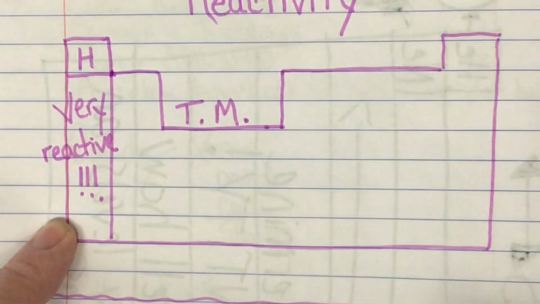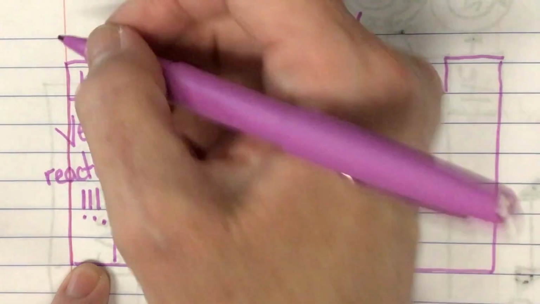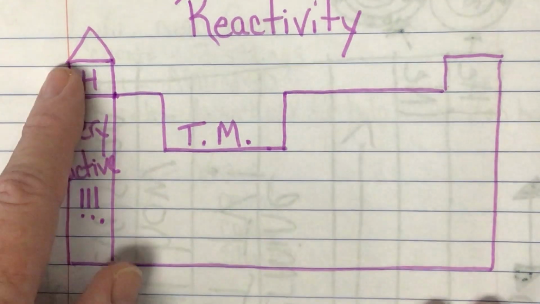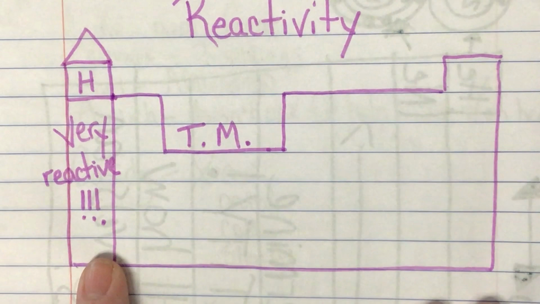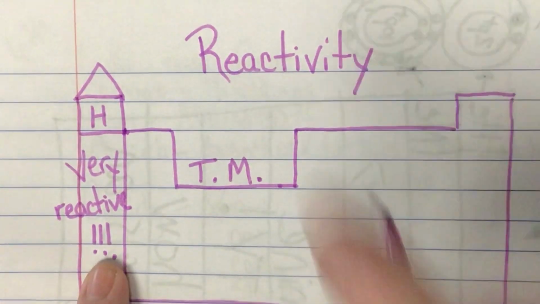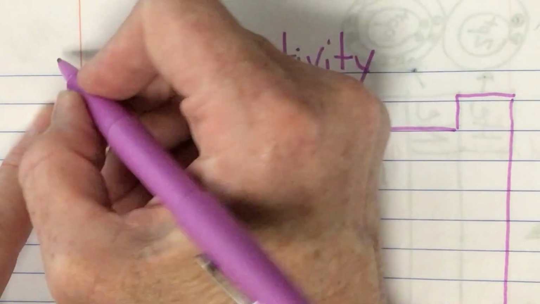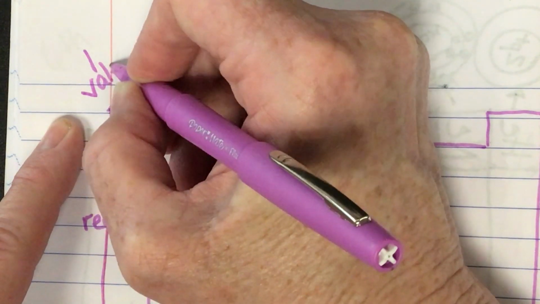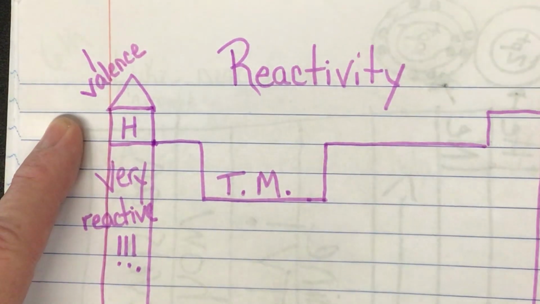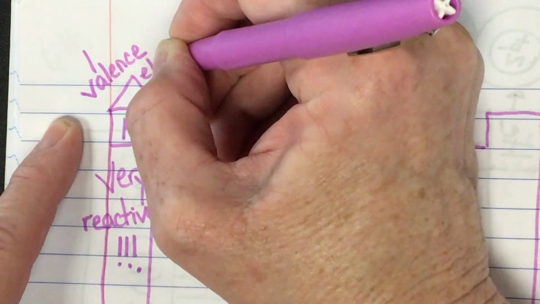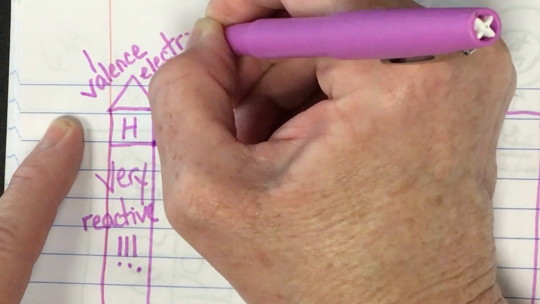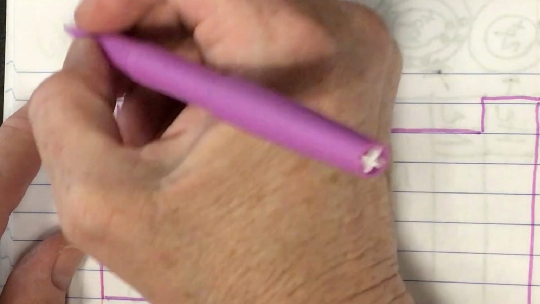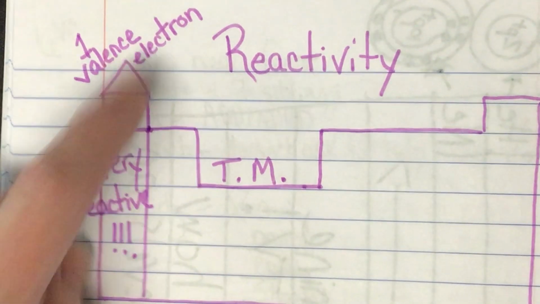Okay, so this group right here has a roof over its head because they all behave similarly. We have a bunch of different elements, but they behave similarly because this group has one valence electron. So this group, hydrogen's family, has one valence electron.